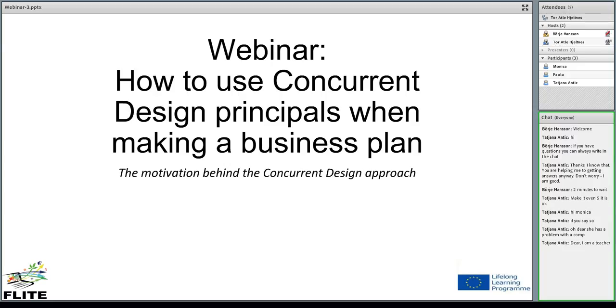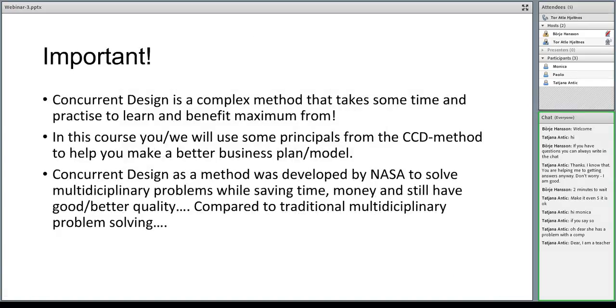Like I said last time, concurrent design is a complex method that takes some time and practice to learn, and to have the maximum benefit from this method, it takes a lot of work. In this course, we will use some of the principles from the method, and this will hopefully help you make a better business plan model.